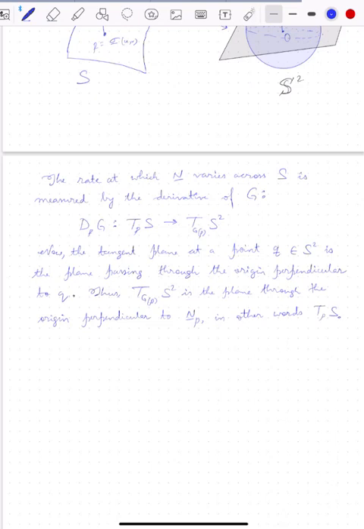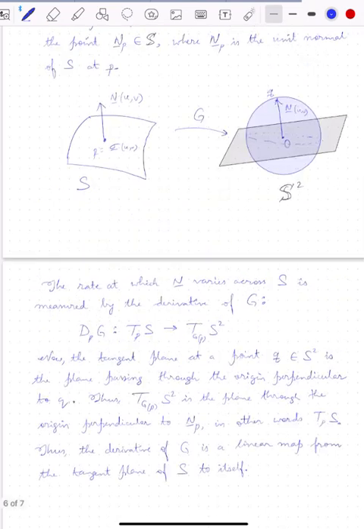So which means that the derivative of G is a linear map from the tangent plane of S to itself. Right.